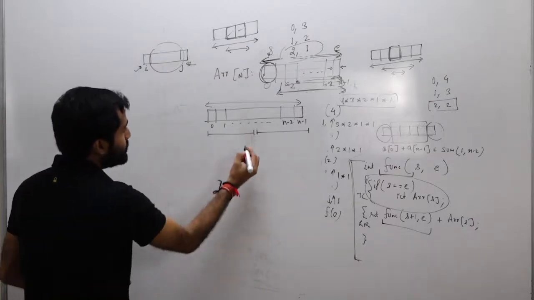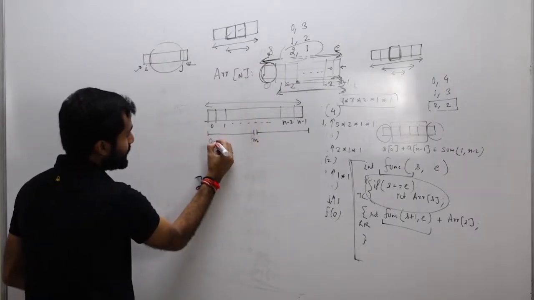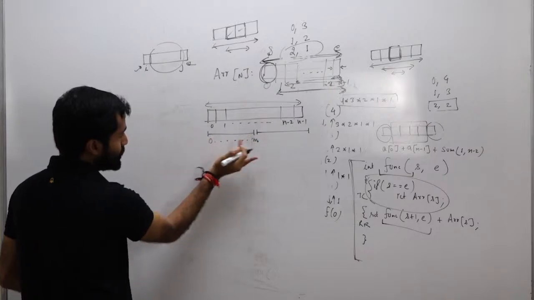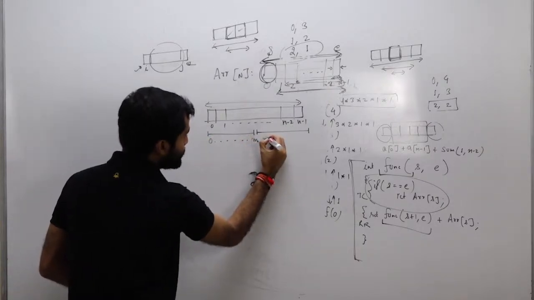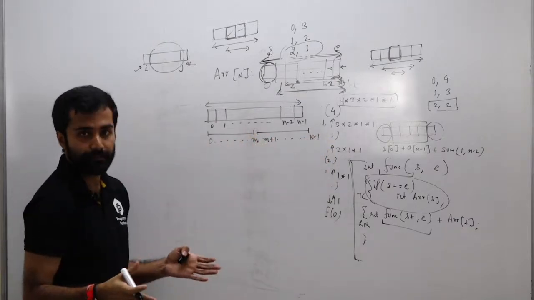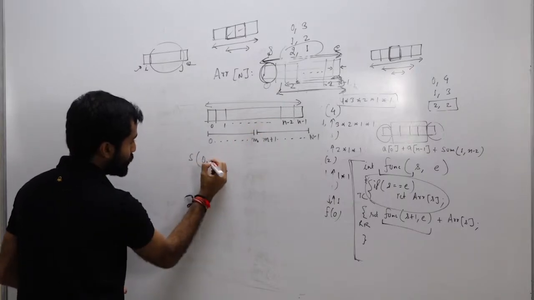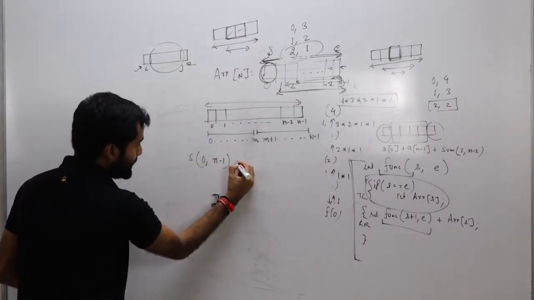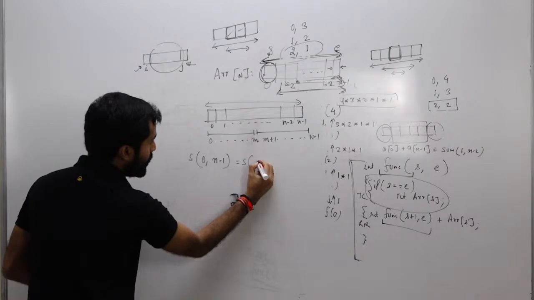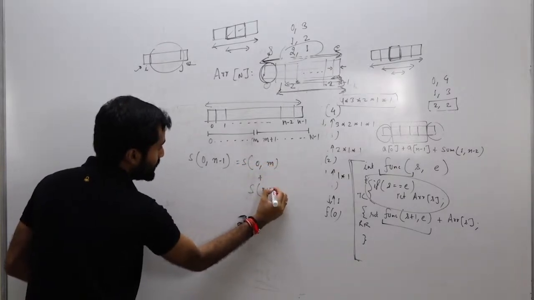So let's say if the middle index was m, then this segment is from index 0 to m, and the second segment is from index m plus 1 to n minus 1. So the sum of the entire array, which is from 0 to n minus 1, can easily be expressed as sum of the left half plus sum of the right half.